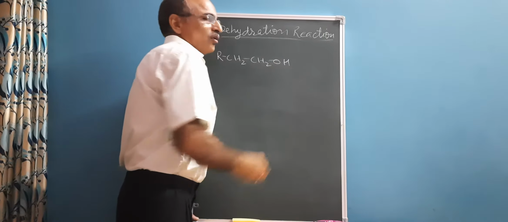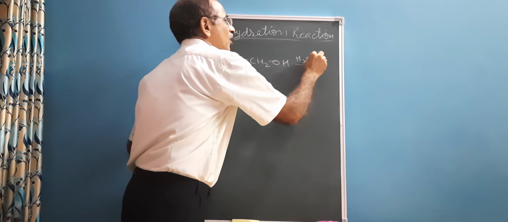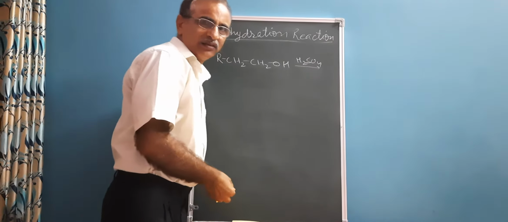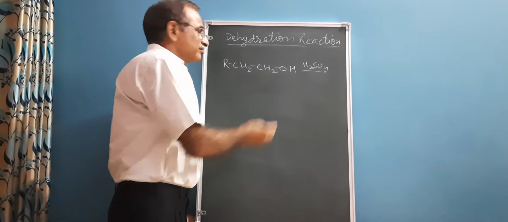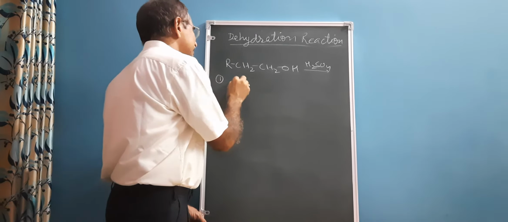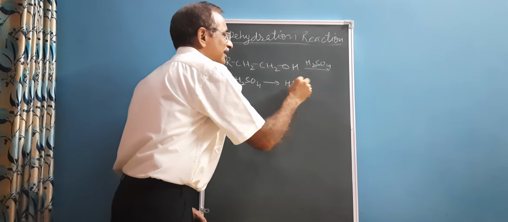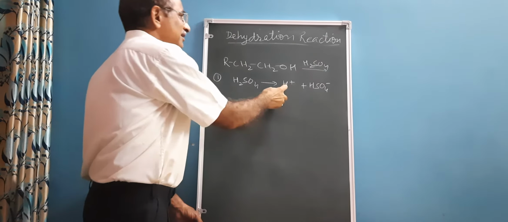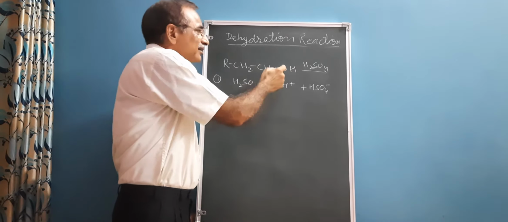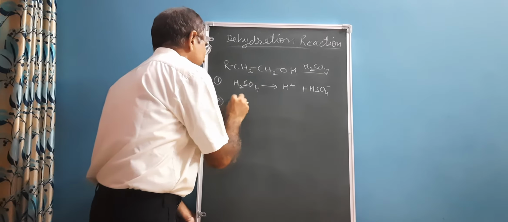alcohol. When this alcohol is heated with concentrated sulfuric acid, how does the reaction take place? One by one in steps we will learn the mechanism. Here in first step, this sulfuric acid undergoes dissociation forming H+. Now this acid will approach the electron pair rich oxygen in the next step of this reaction.